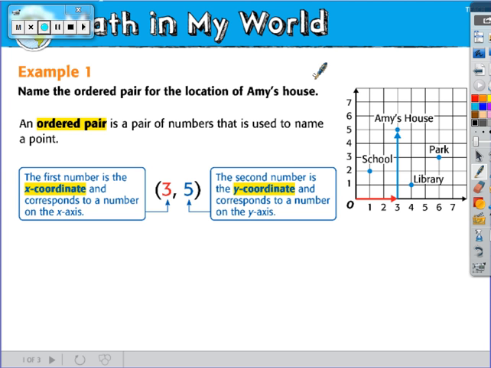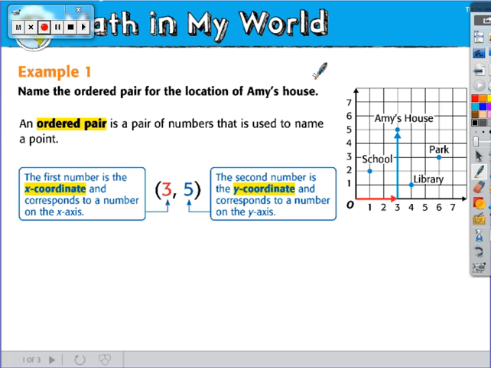The x-coordinate. And Gerby, where is the x-coordinate located? On the what? The name of the x-coordinate in this particular ordered pair is 3, but that is not where it is located. On the x-axis.